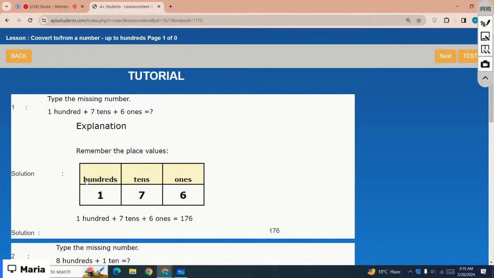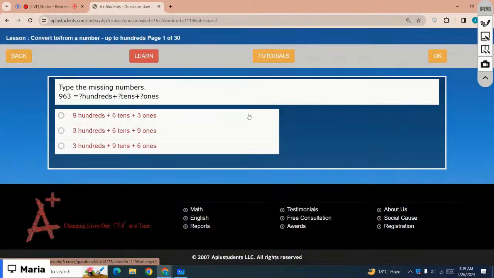Okay, let's just start with the test questions. Type the missing number. So 963. Which is the digit at the hundreds position, the tens and the ones? Which is the correct option?